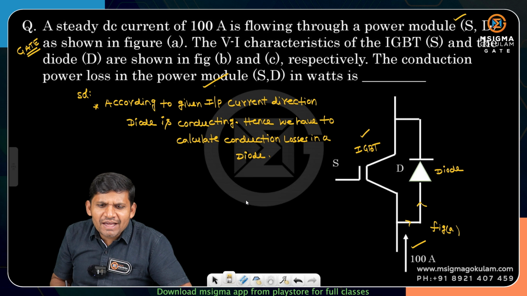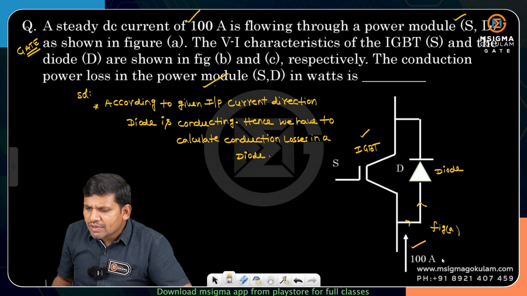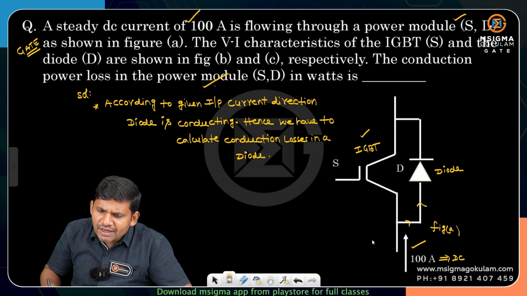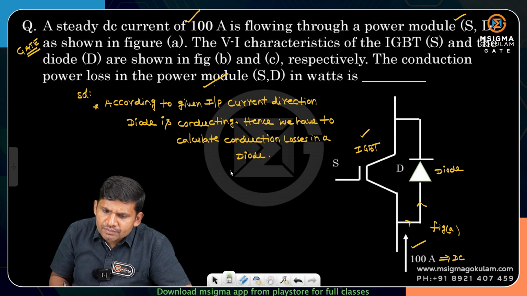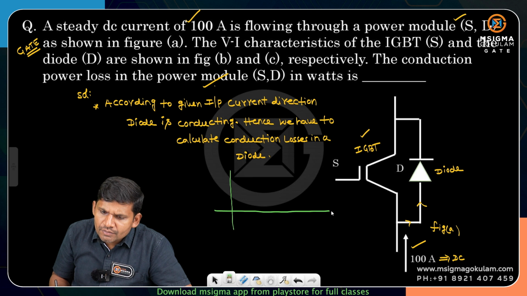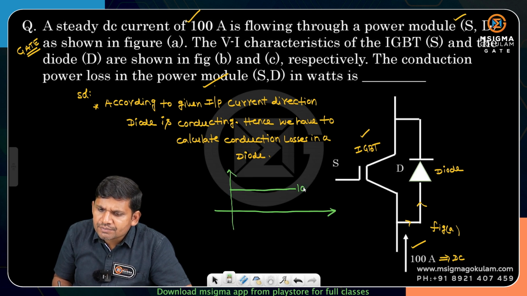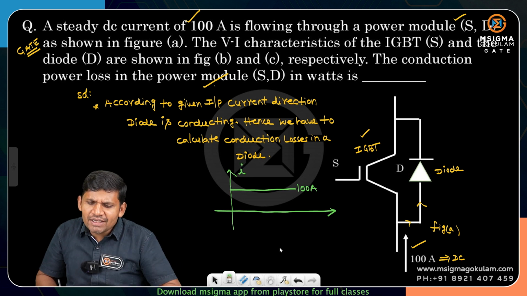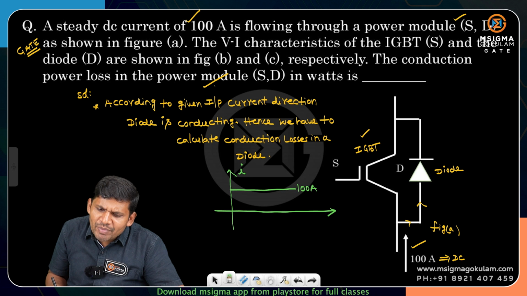Given is a DC current, na? This current is a DC current, that is a constant current. Given is a constant DC current of 100 amperes. Students, we know that for a constant current, the average and RMS values are the same.